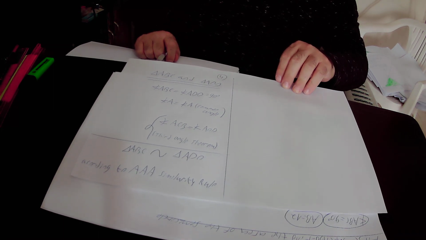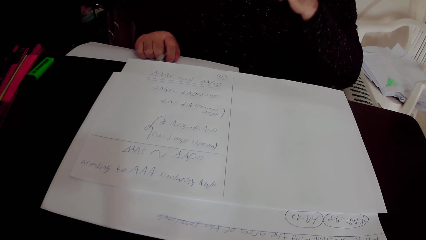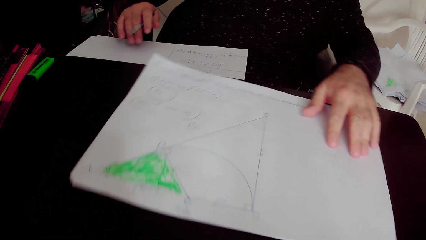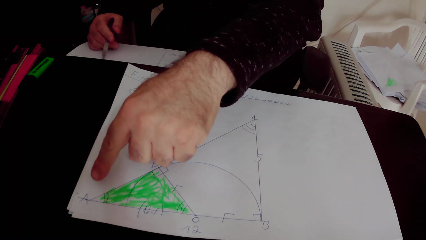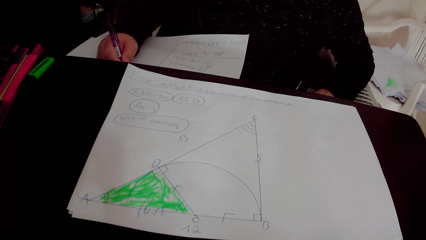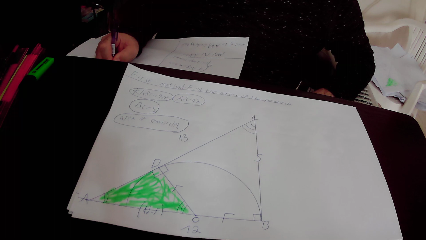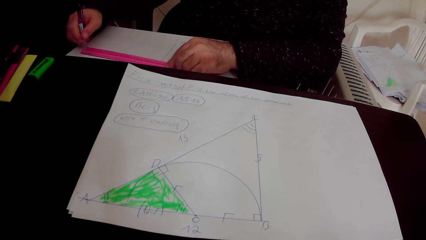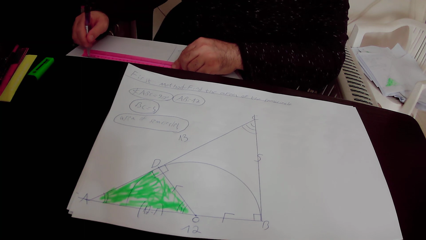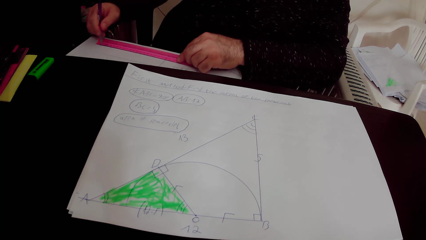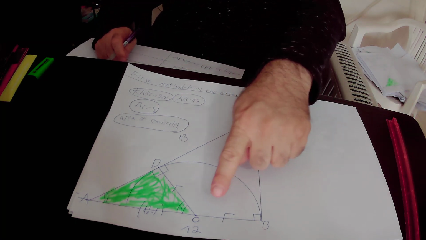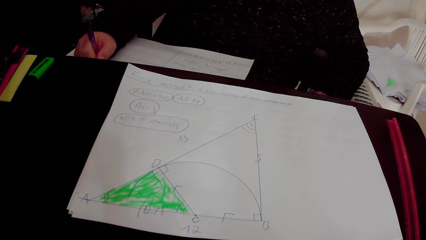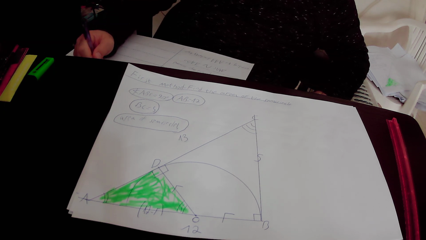And from the fact that triangle ABC is similar to the green triangle ADO, we will conclude that CB over CA in triangle ABC is equal to DO over AO in the green triangle ADO.